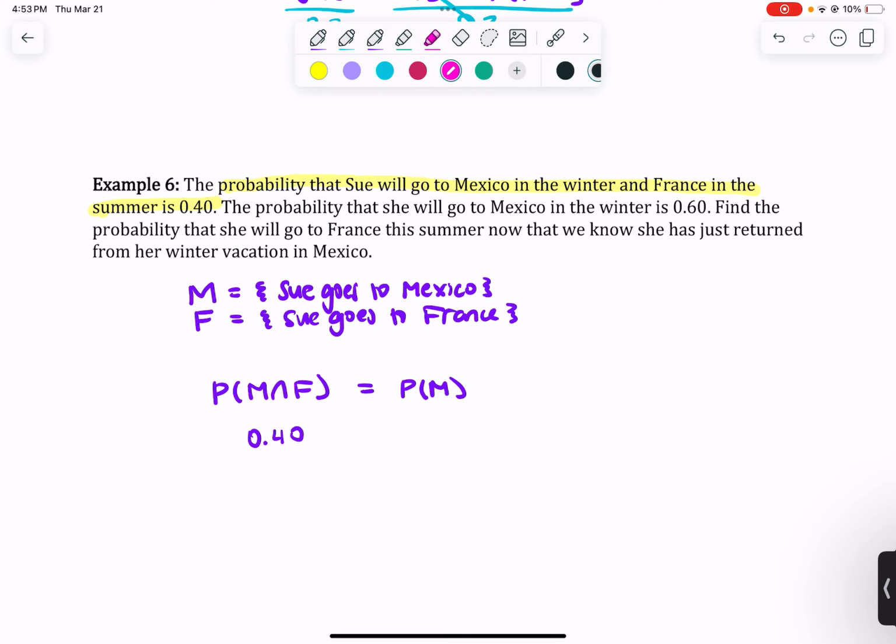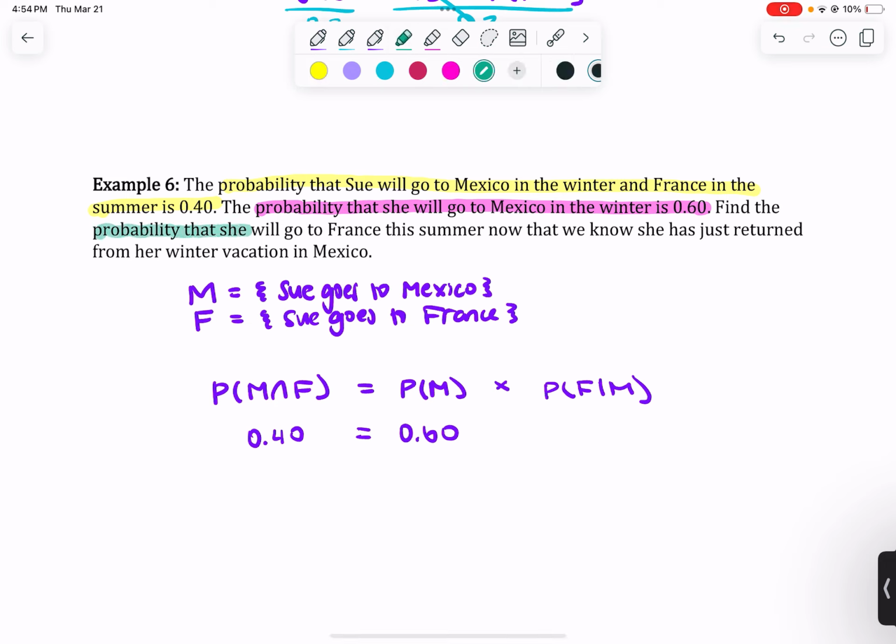And I know that one happened first because that's the one that's given to me as a single probability with no other information. And I multiply that by the second event with the condition, since I already know the outcome of the first one. And that's what I'm looking for.